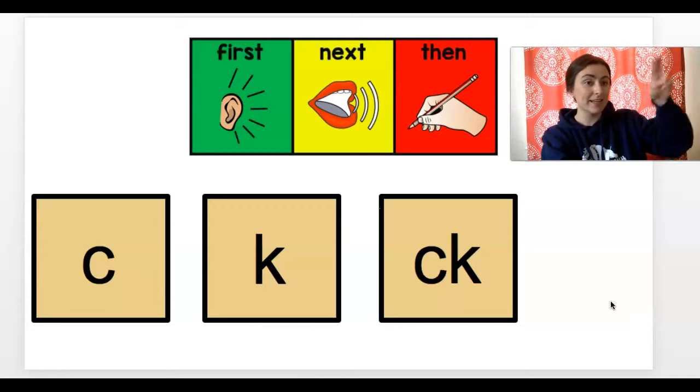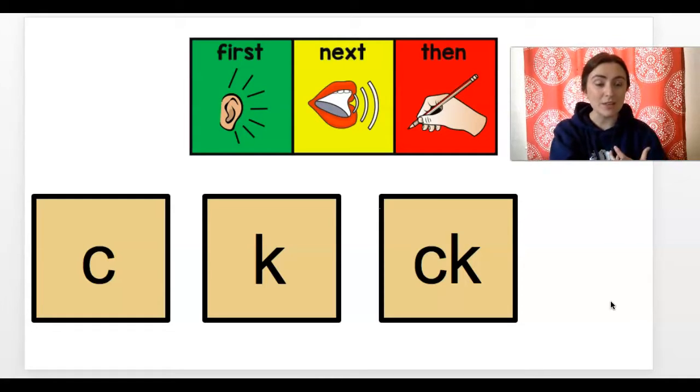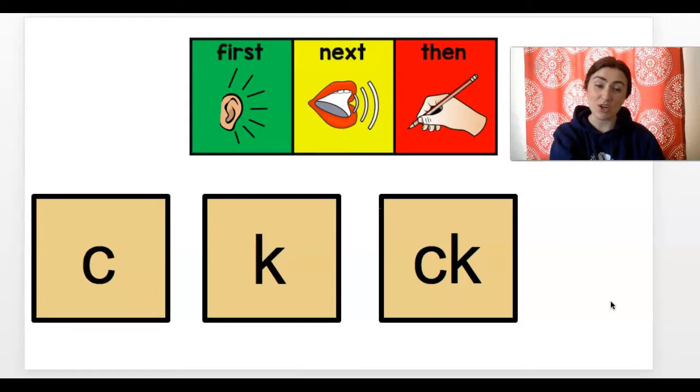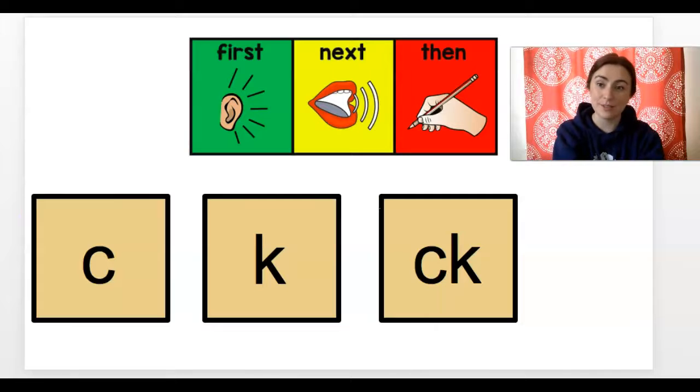C, K says K. And remember, we hear this sound at the end of words, like in the word back or pack, stack. After we hear a short vowel sound and we hear CK, it's always going to be at the end of a word. Let's move on to the last sound, or the last 2 sounds.